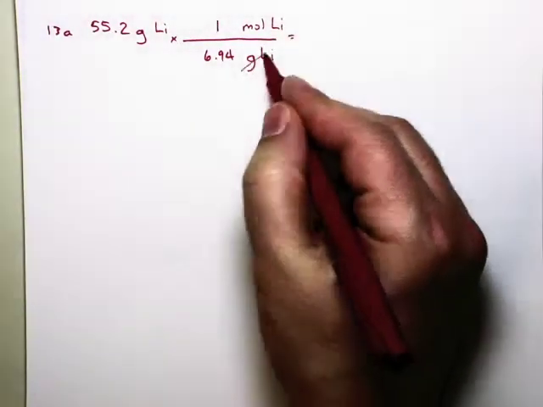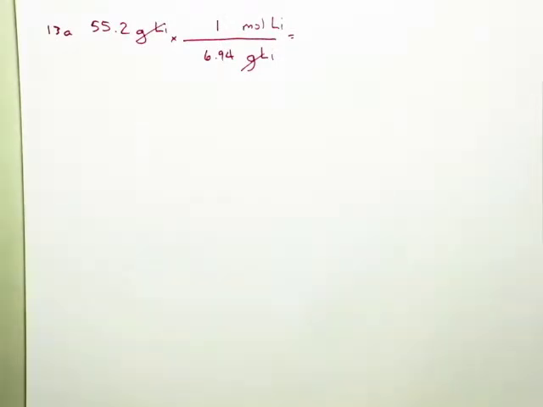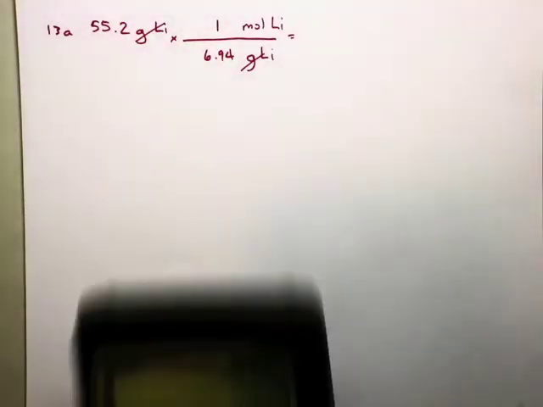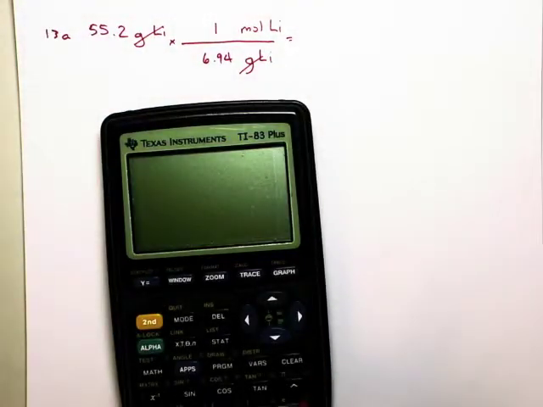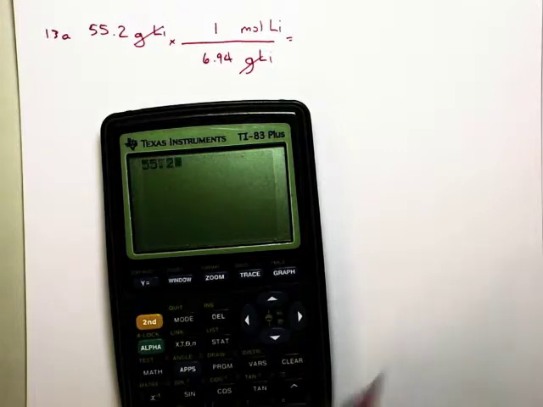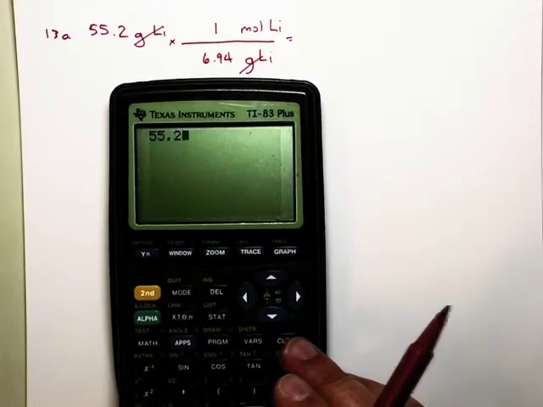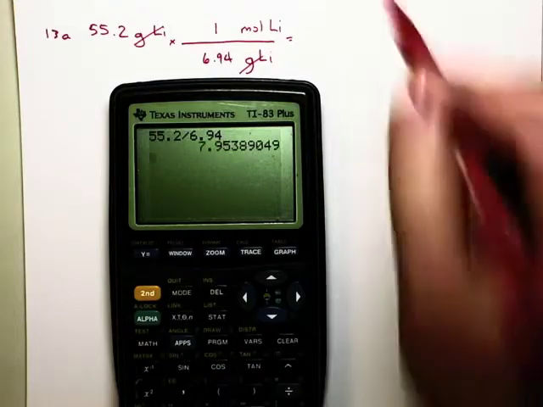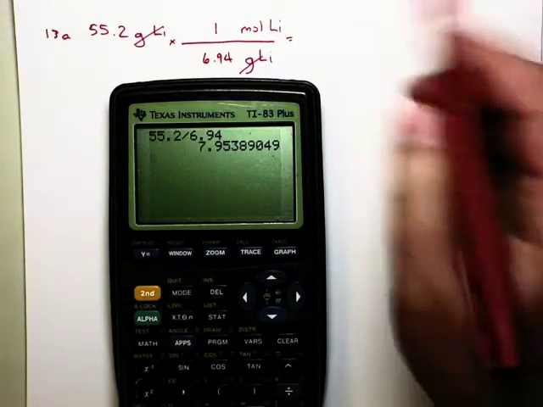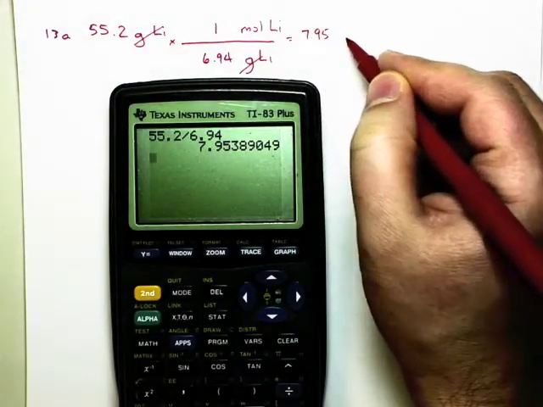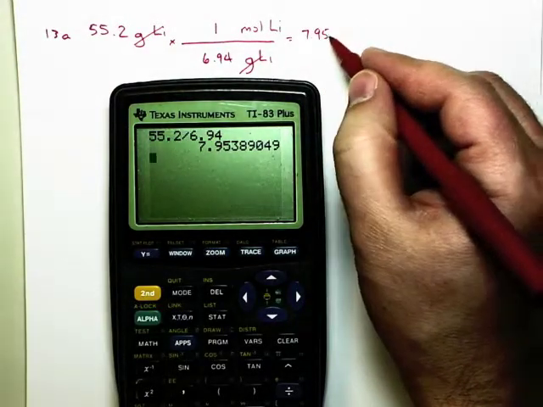We then cross-canceled our like units, and we simply divided the two. 55.2 divided by 6.94. And what I get for an answer here is 7.95, and then a whole bunch of other digits that come with it.